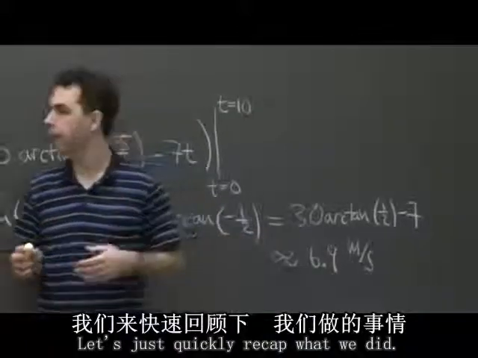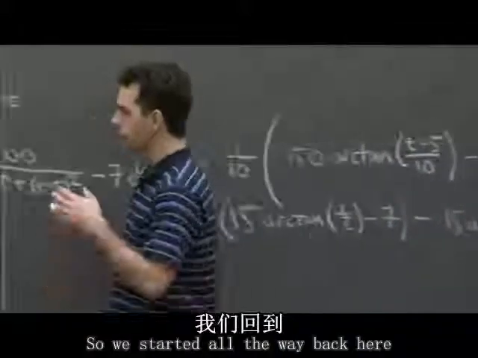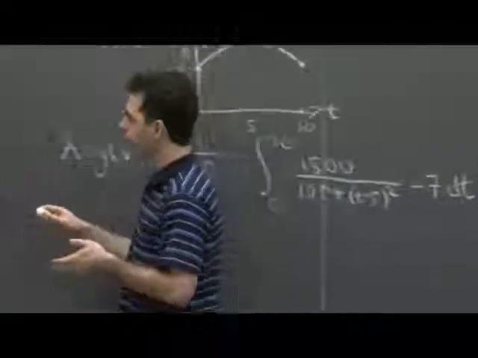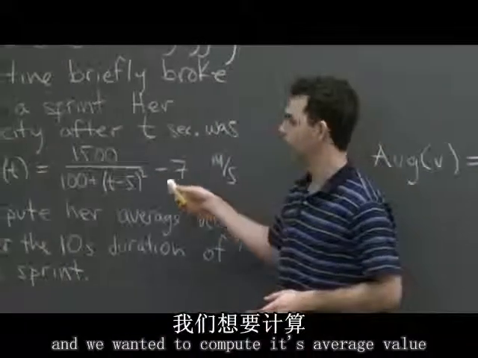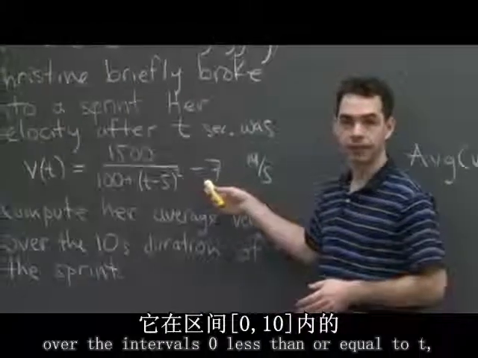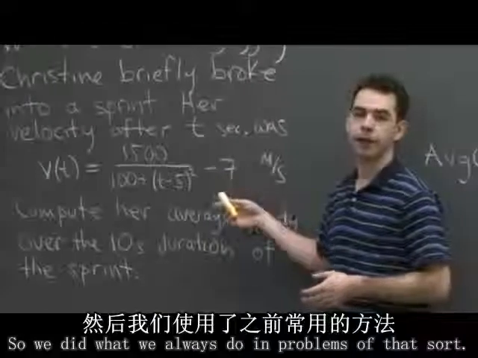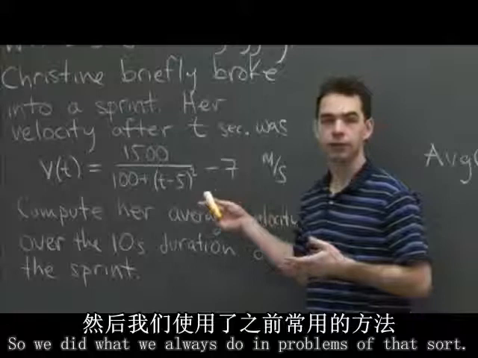Let's just quickly recap what we did. We started all the way back here with this velocity function v, and we wanted to compute its average value over the interval 0 less than or equal to t less than or equal to 10. So we did what we always do in problems of that sort.